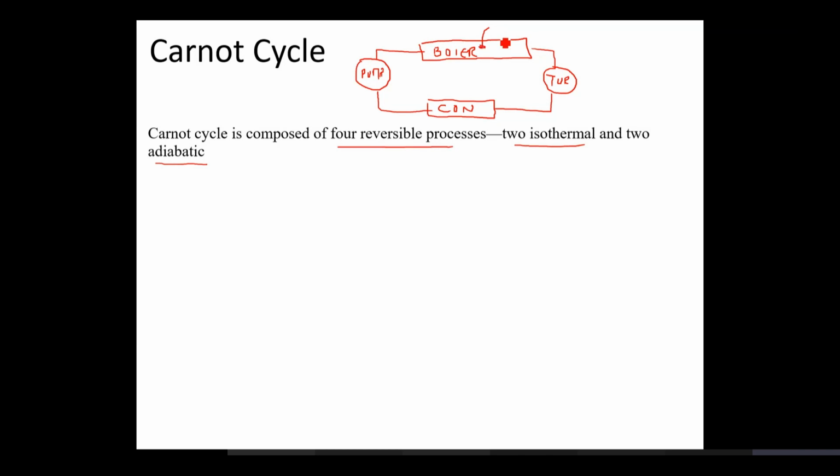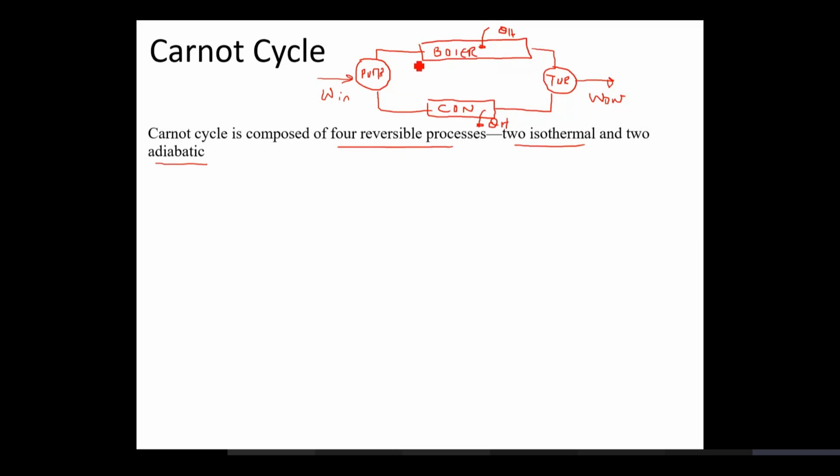Heat was given into the boiler, QH, and heat was rejected out of the condenser. As a result of the turbine, work out was generated, and as a result of the pump, there was work into the system. This is basically what was happening.